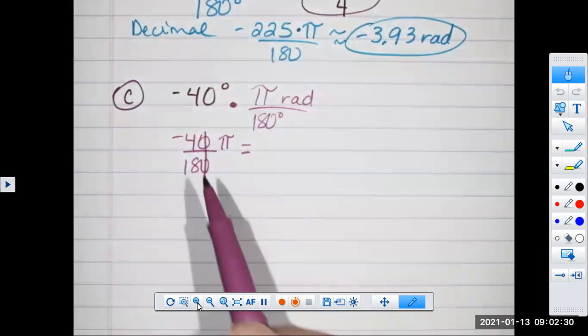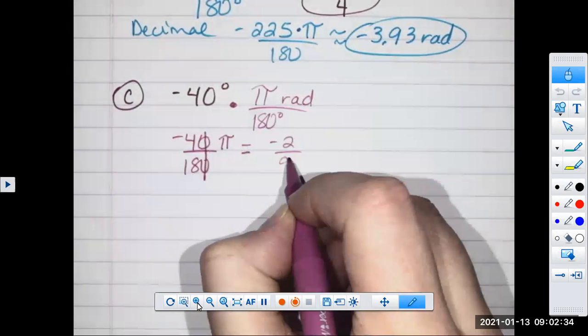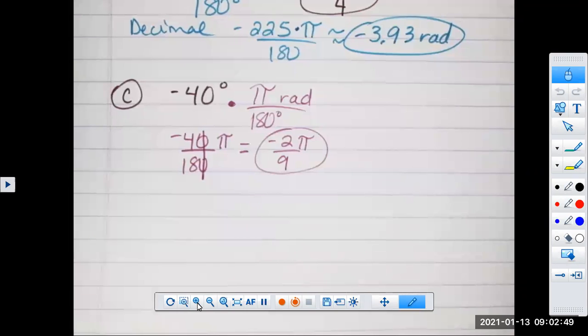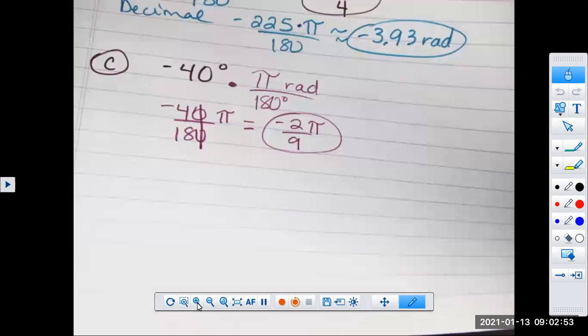So you're left with negative 4 over 18. So negative 2/9 pi. We're going to leave them in terms of pi, and we're rarely ever going to convert over to decimal form like that. Okay, really quick, we'll move on to drawing angles.